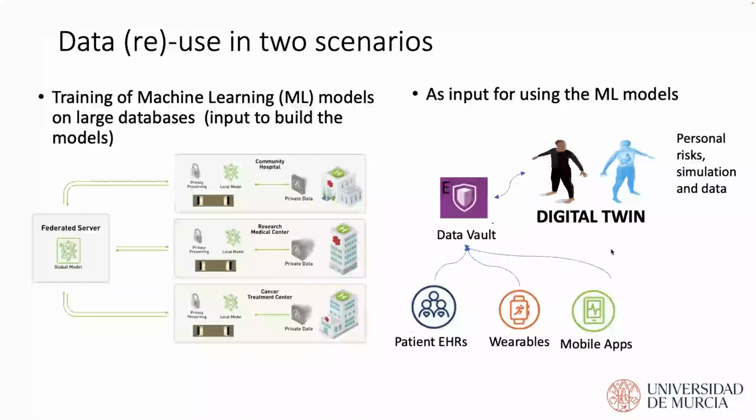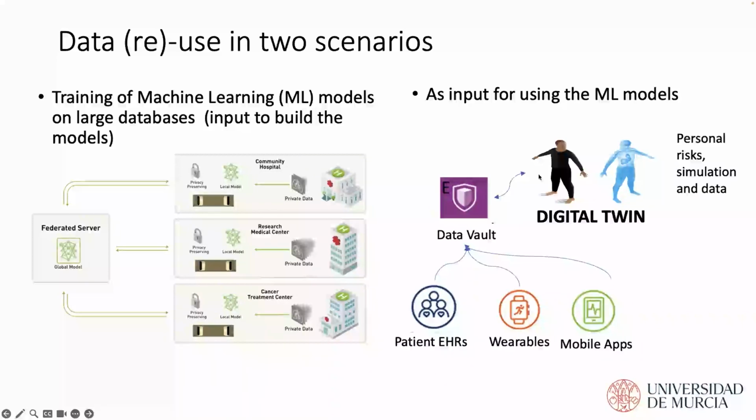So they need to be used in two different scenarios. On the one hand, existing large databases are used to train machine learning models for predicting various aspects of the patient at different stroke phases, such as, for instance, the risk of having a stroke at prevention phase, the level of independence of a patient after a stroke.